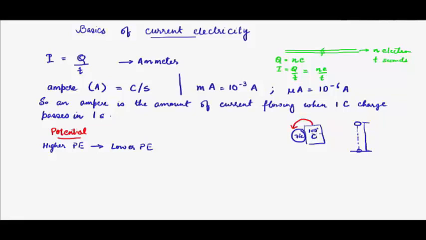So suppose there is a charged body here and another charged body here, and if we join it by a metallic wire so that it can conduct, then the charge or current will move from, let's say this was at higher potential and this was at lower potential, then current will flow from higher potential to lower potential.